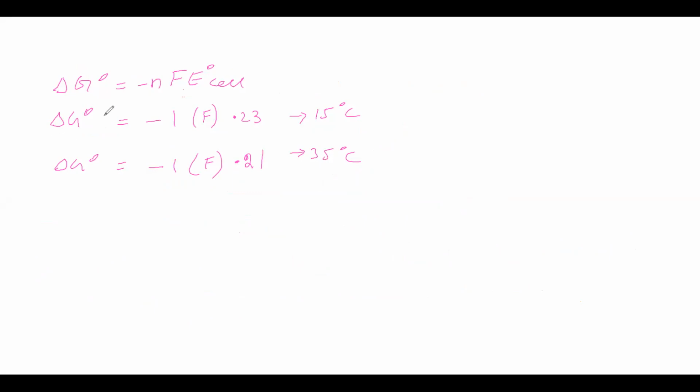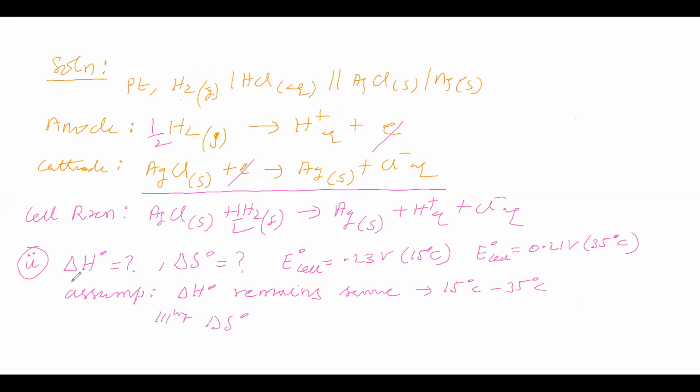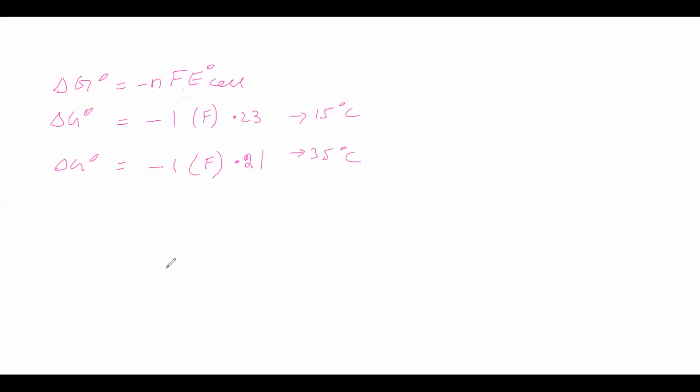Now, what is the relation between delta G naught and delta H naught and delta S naught? Thermodynamic relation says that delta G naught is equal to delta H naught minus T delta S naught.